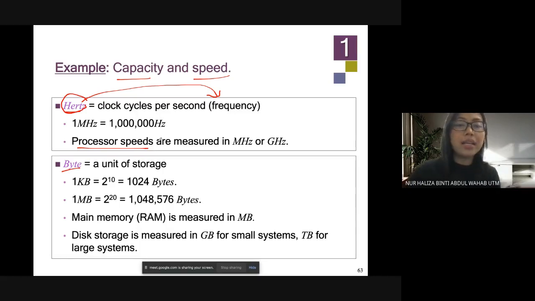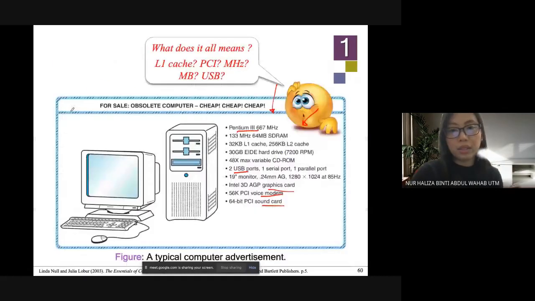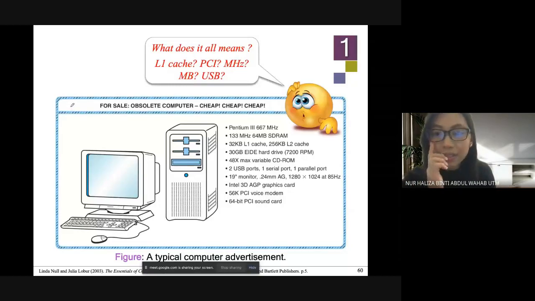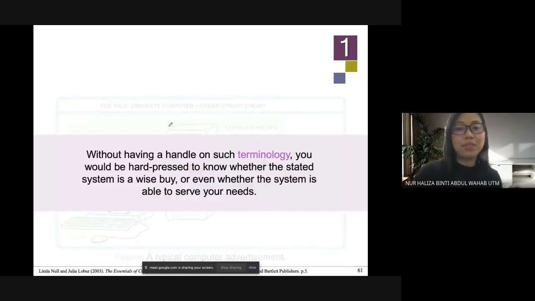So the higher the processor speed, which is your hertz in the advertisement, the higher the performance of your computer. So that's why you need to check the hertz. So I go back to the advertisement. Where is it, the hertz? It's not mentioned here. Okay, this one. So you can see this is the frequency of your processor.